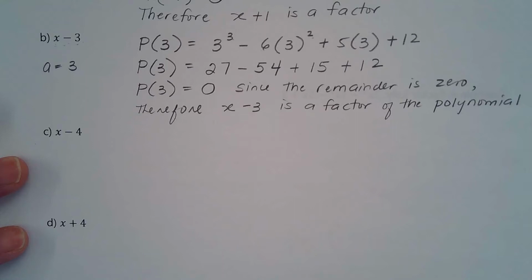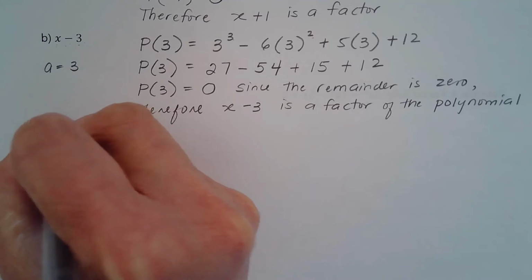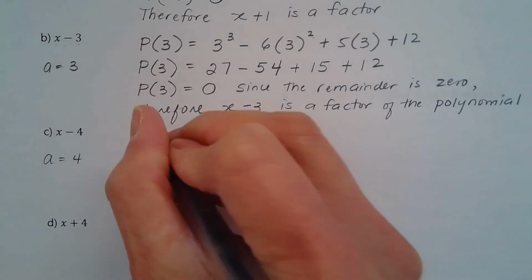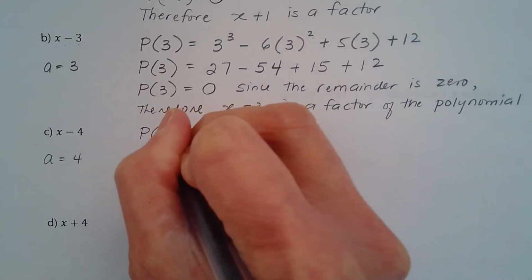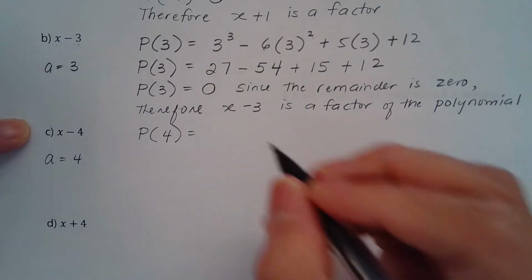Let's take a look at the second last one. What's the a value here? 4. Excellent. So a equals 4. So we're going to evaluate p of 4. Let's go ahead and do that.